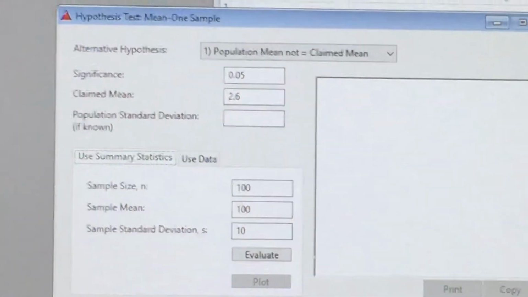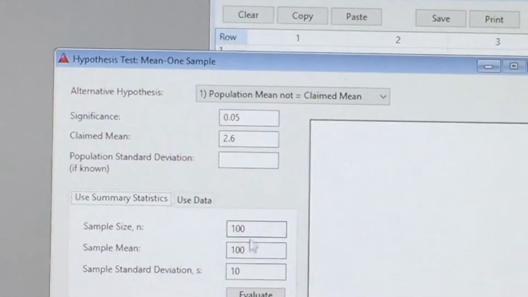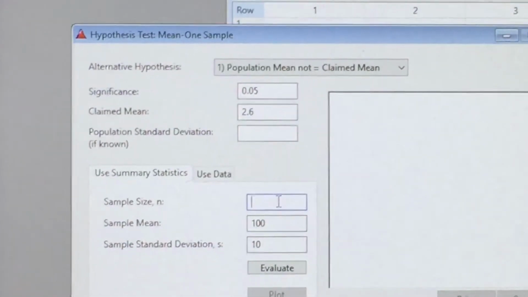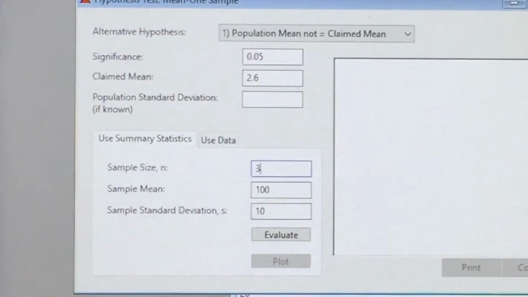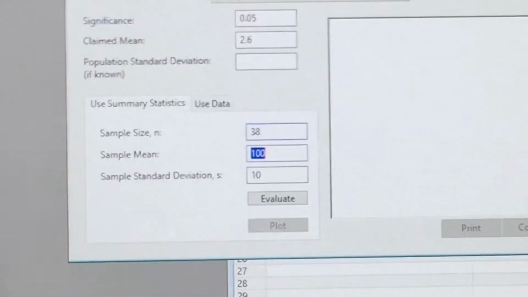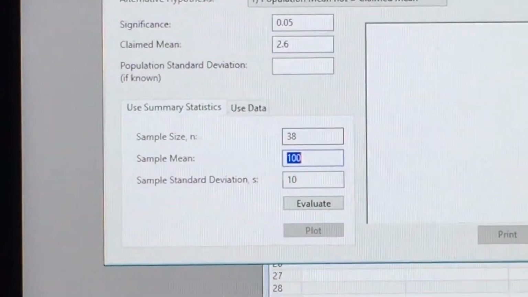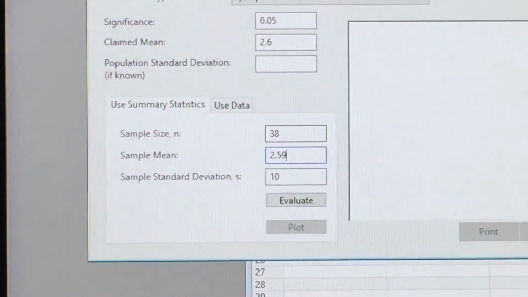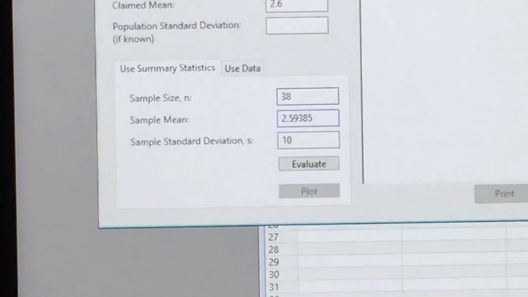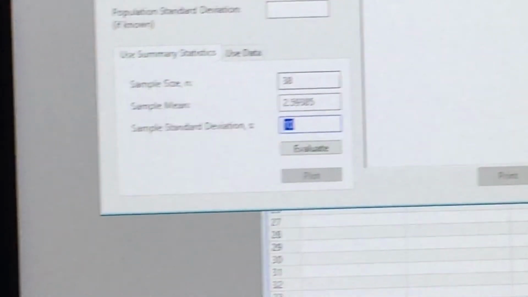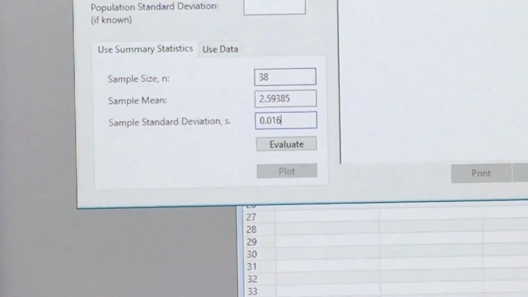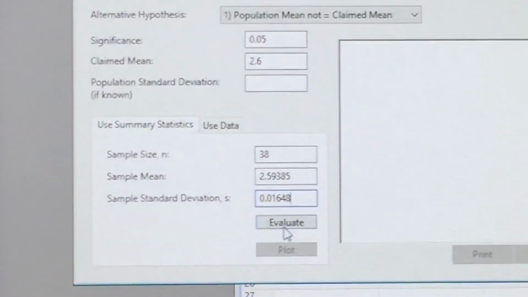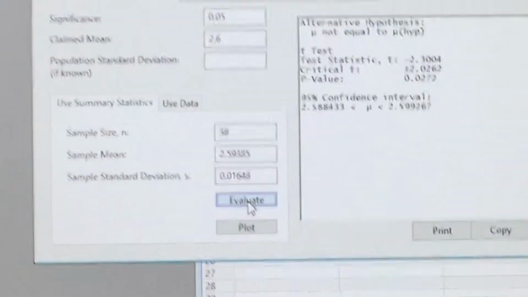In this case, your N is given to be 38 coins. Then your sample mean was given to be 2.59385. So we type that in, and then go down to your sample standard deviation. That's going to be 0.01648 grams. And then after that, we click Evaluate.